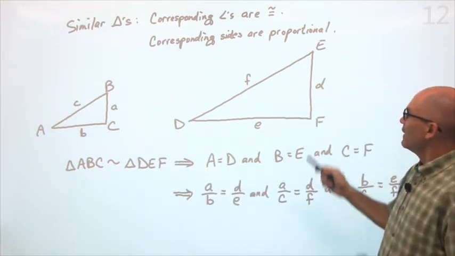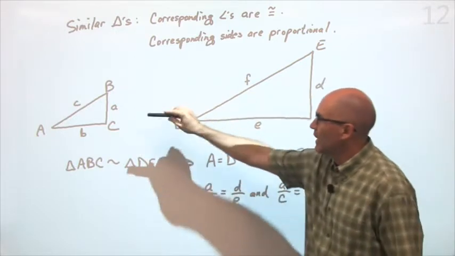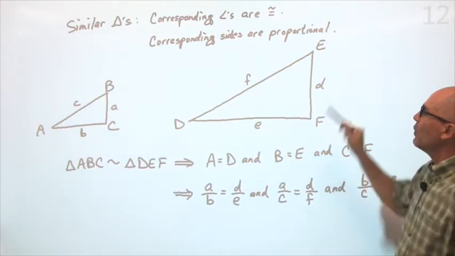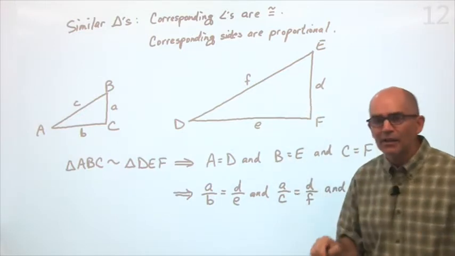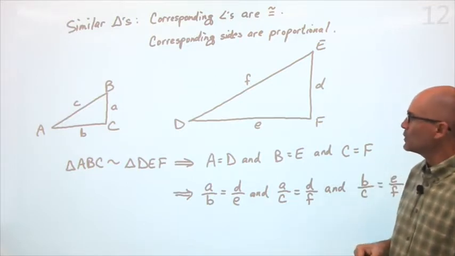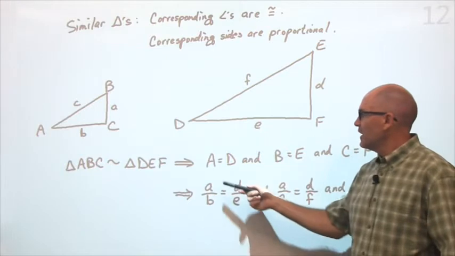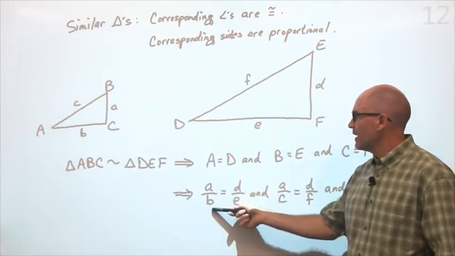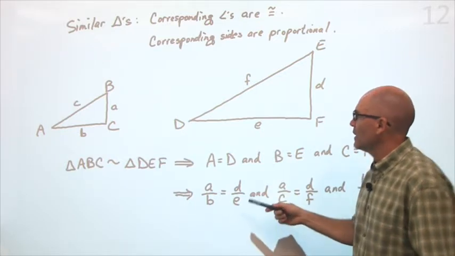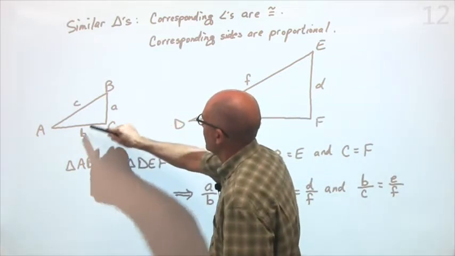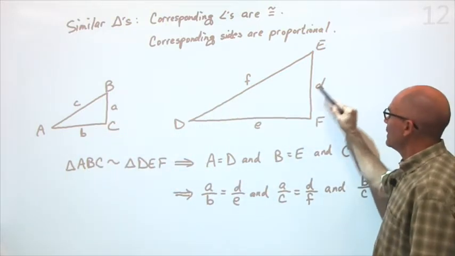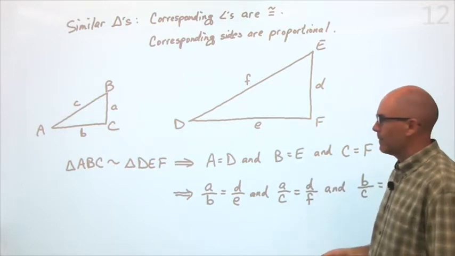Now you can see that triangle DEF is bigger than ABC. That's what similar means. Even though the angles are the same, the sides are not the same. They are proportional. And proportional means that side A divided by side B equals side D over side E. So notice A over B, so right divided by bottom of the small equals right divided by bottom of the big.